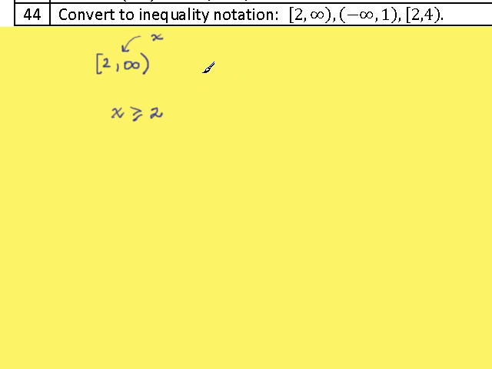We could also put down a graph. Here we would have the 2, and numbers to the right of 2 we would shade in, going all the way to infinity. So we see that if x is here, x is to the right of 2, x is greater than or equal to 2.